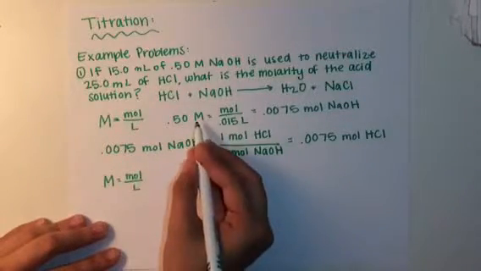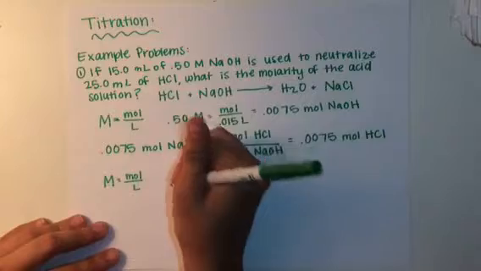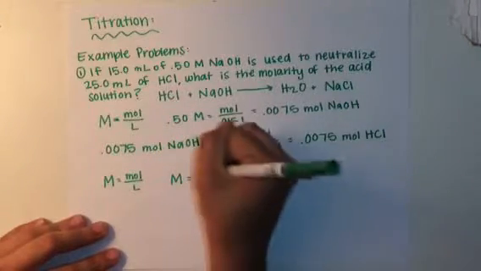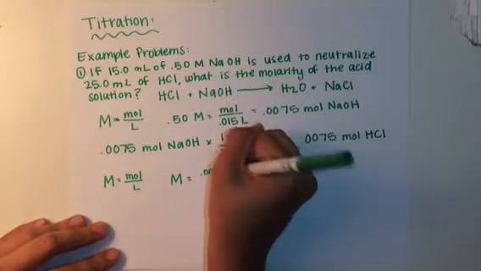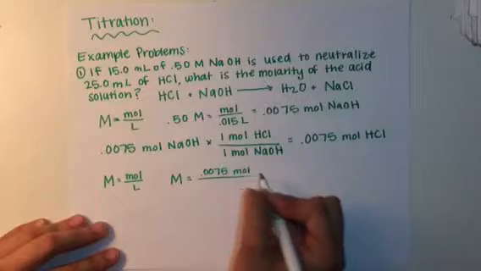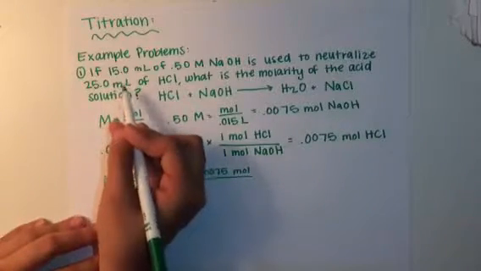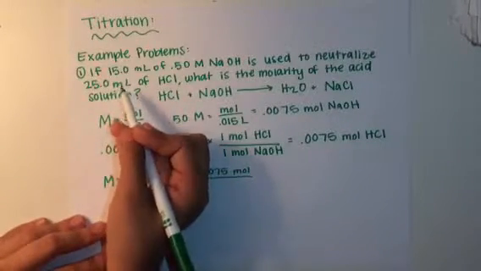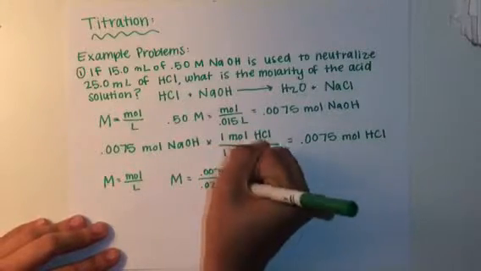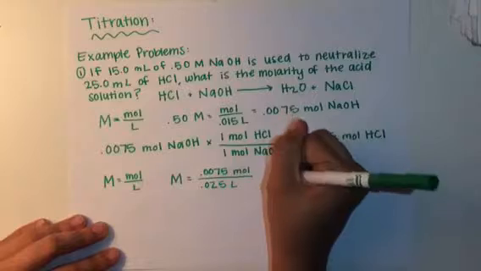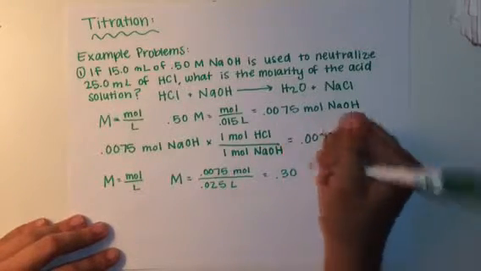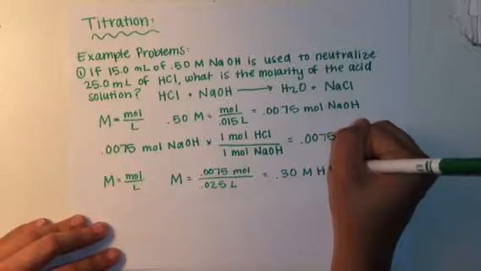We're not going to plug in the molarity because that's what we're trying to find. So molarity equals 0.0075 moles over 25.0 milliliters. We have to convert that to liters once again, so it's 0.025 liters, which equals 0.30 molarity of HCl.